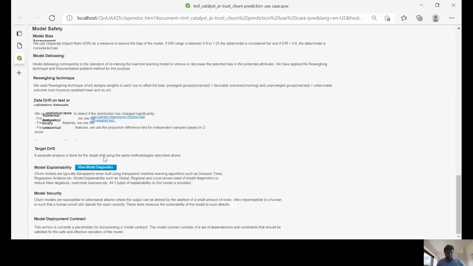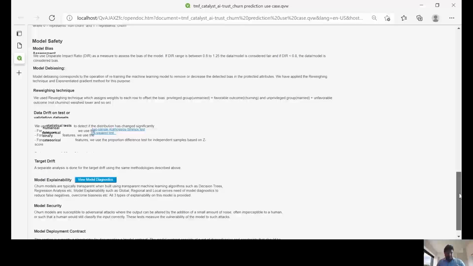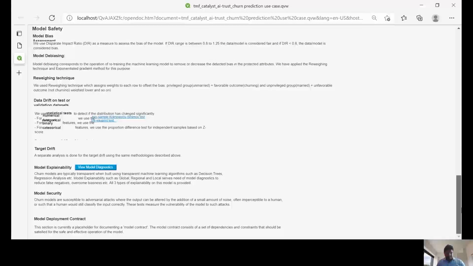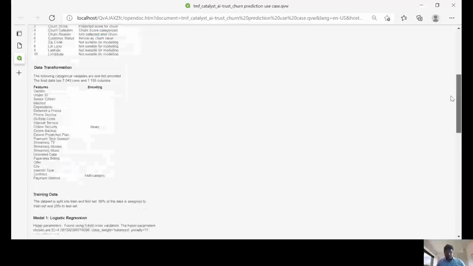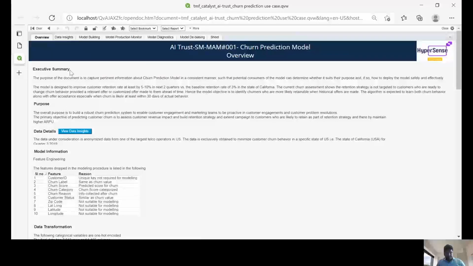In certain cases, it has also identified drift in both features and the target variable. Of course, it has performed explainability. There are also descriptions of the security assessments that we have done. So these are some of the different analyses that have been done on this model. That's what this fact sheet is telling me.